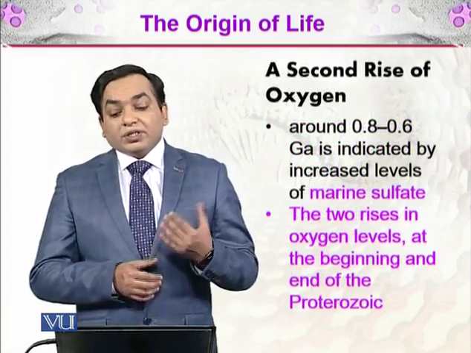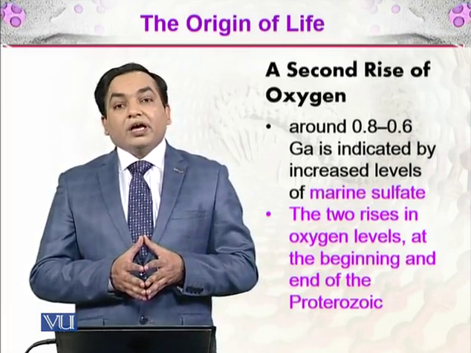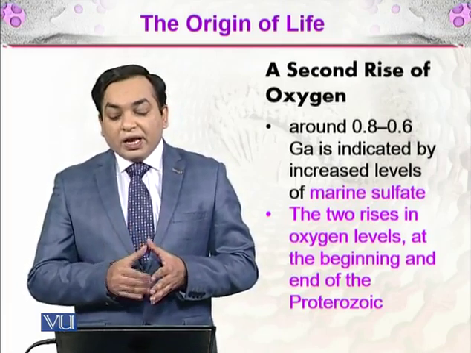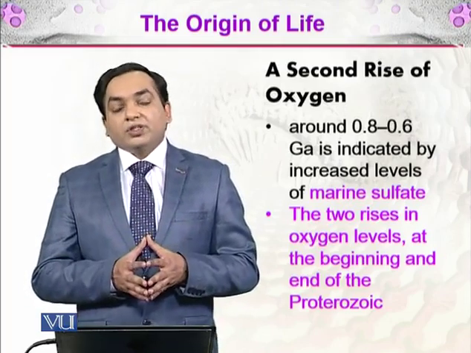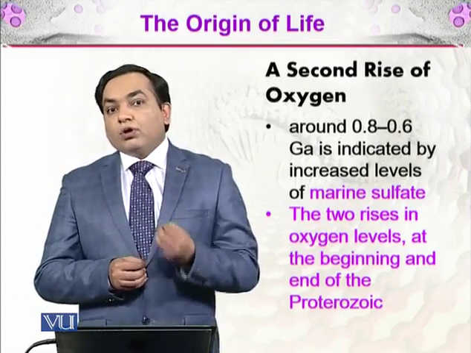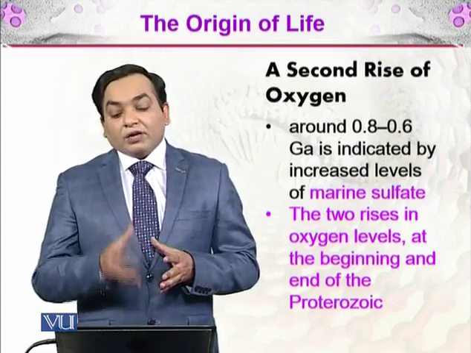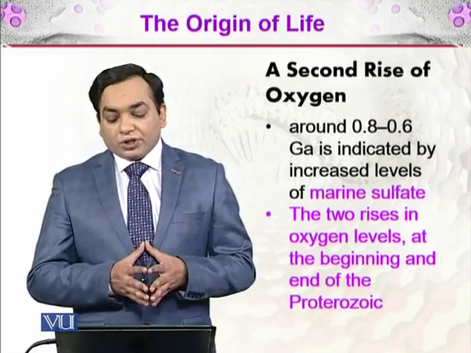And there comes the second rise of oxygen as well. Around 0.8 to 0.6 giga-annum, it is indicated by increased levels of marine sulfates. Sulfates contain oxygen as part of their molecule. So if the sulfate level is rising, that means there is increased free oxygen in the environment.